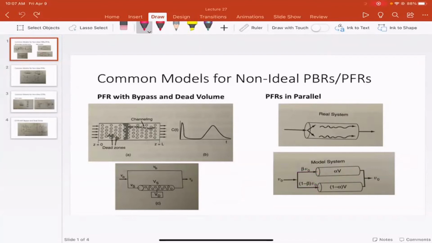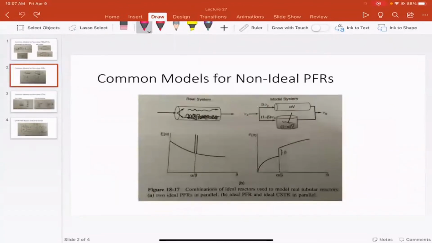So here's a couple of examples for PFRs. Another one might be that you have back mixing inside of your plug flow reactor, and so some of it has a residence time that's a little bit different than the primary plug. Well, when that's the case, then maybe we could think about it as almost like a CSTR, where CSTRs are well mixed everywhere.